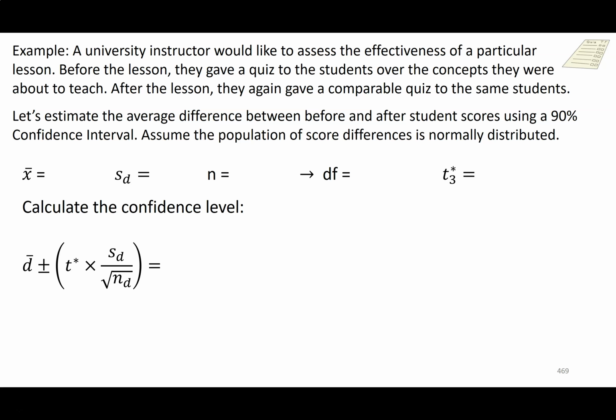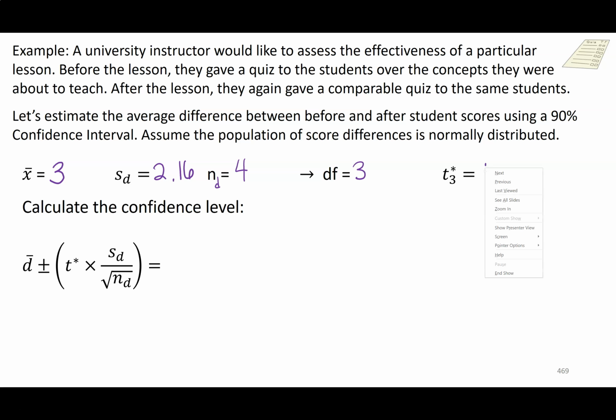So filling these out, this was 3. I'm not going to write all the digits here, 2.16. So n_d was 4. My degrees of freedom was 3.